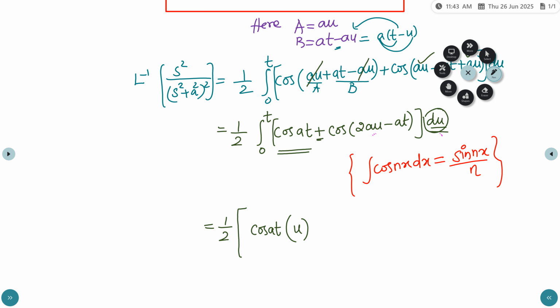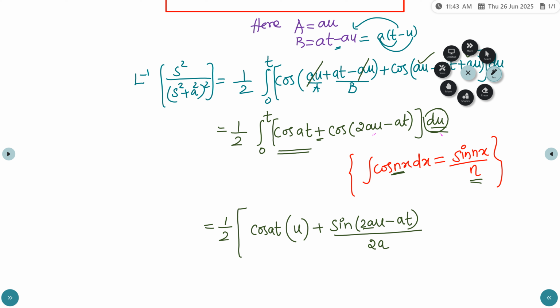Similarly, what about the cos integration formula? Cos integration is sin nx. So plus the cos integration, sin of 2au minus at. We are integrating with respect to u only. The coefficient of u here is 2a, so this 2a comes in the denominator, because the cos nx integration is sin nx by n.